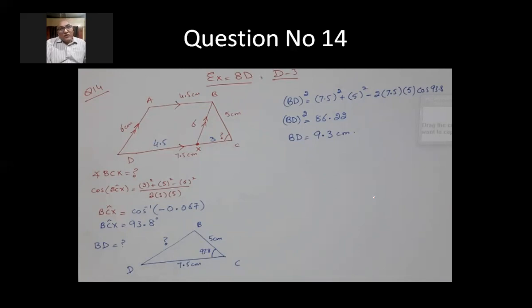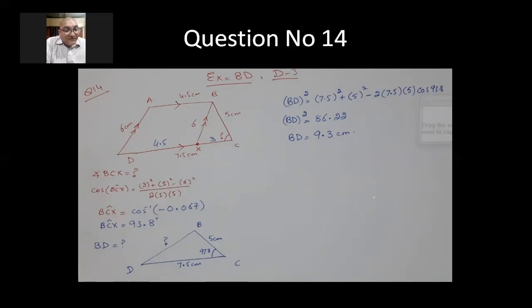Okay, so we are moving to the next question, and the next question is question number 14. In a trapezium ABCD, AB is parallel to DC.